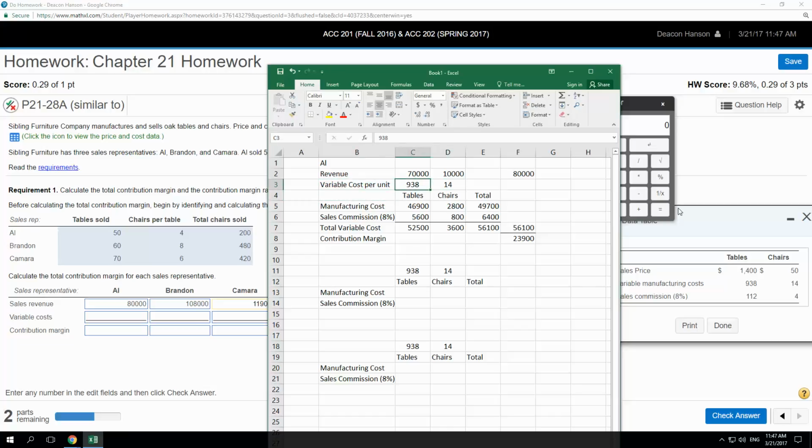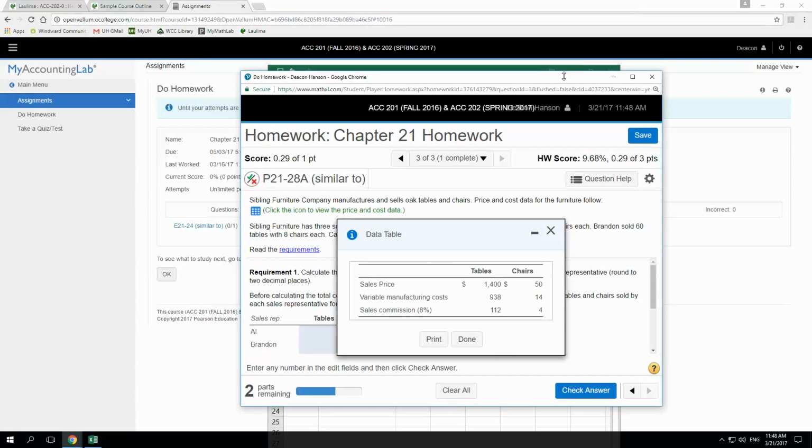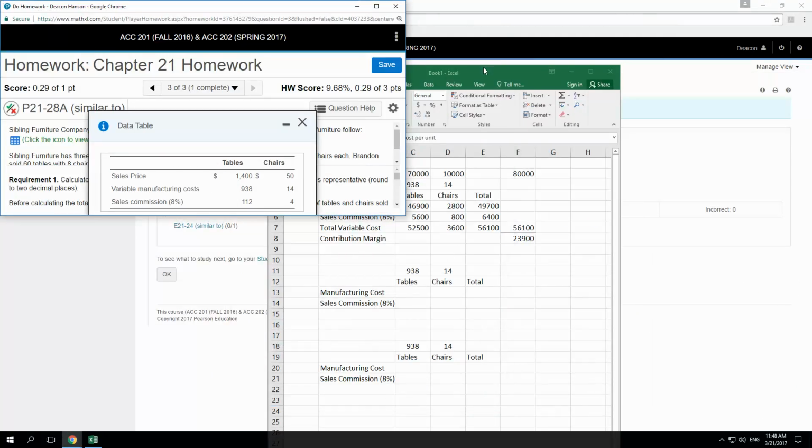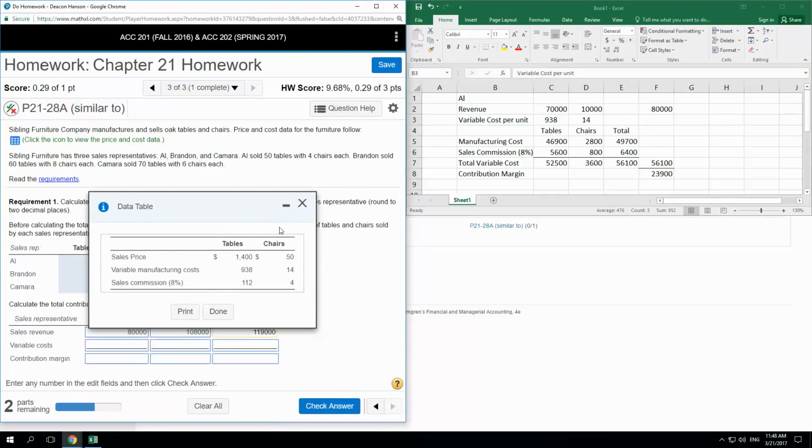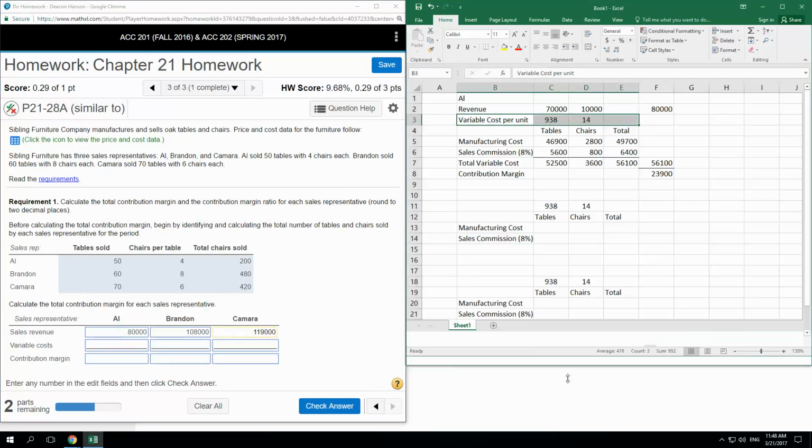That's one of the factors I use to figure out my variable manufacturing cost, on a per unit basis, so it's not really one of the things you're going to list over here. Let's put this up side by side like that, and get this out of the way.